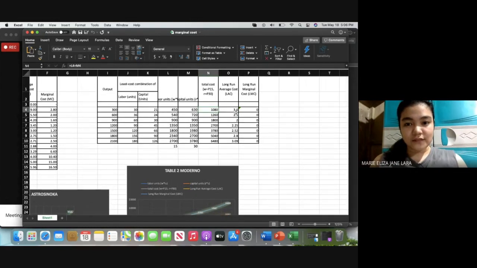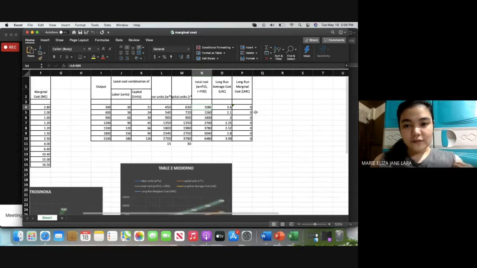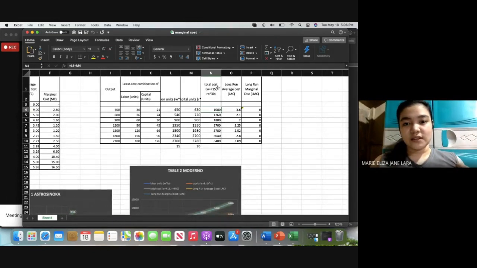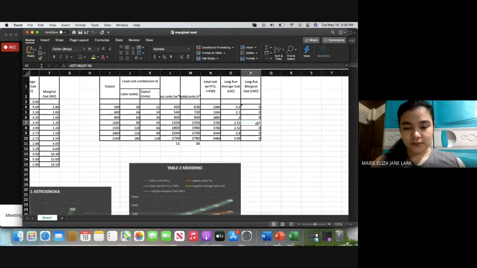For the long run average cost, I just divided the total cost by the output. And for the long run marginal cost, same as the first table, what I did was the change in total cost divided by the change in output, which is 1260 minus 1080 divided by 600 minus 300, which equals 0.6.